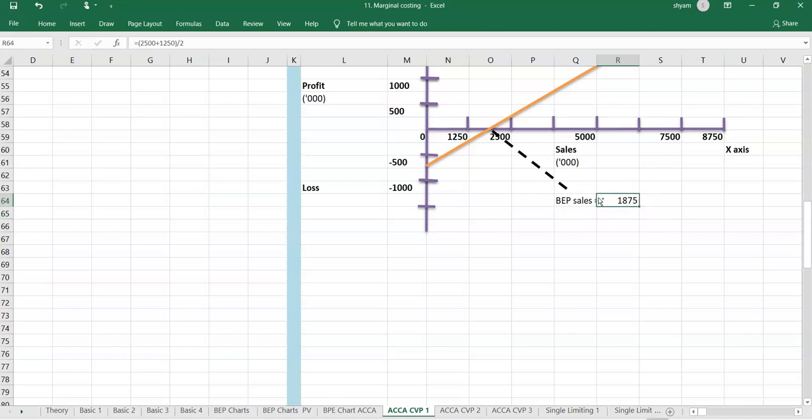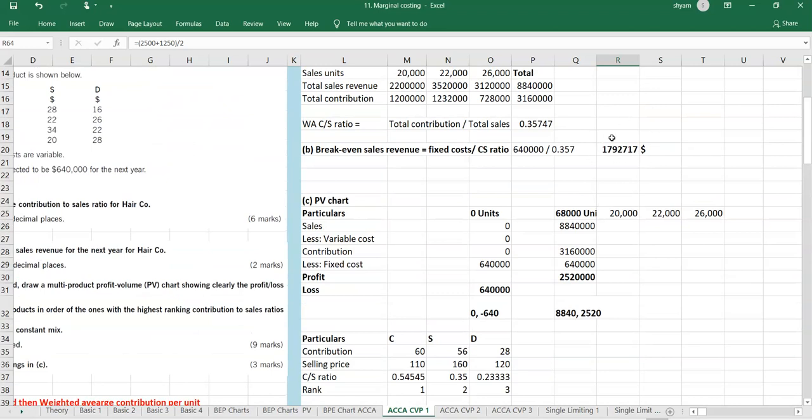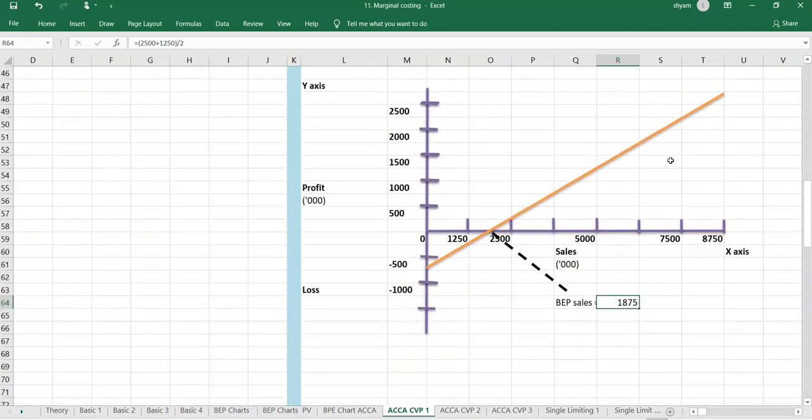It's around 1875 BEP units. Is it right? Yes, it's around here. We can't get the exact answer because it's not an exact graph. So that's about the first line.